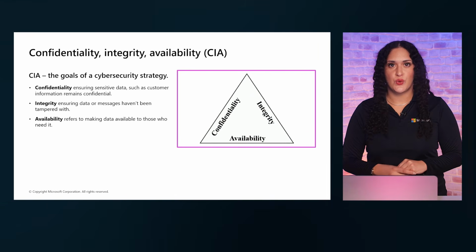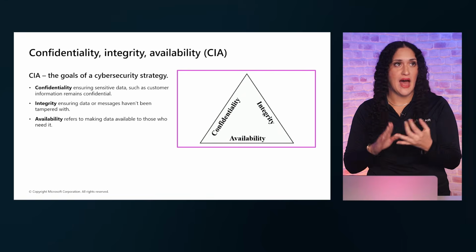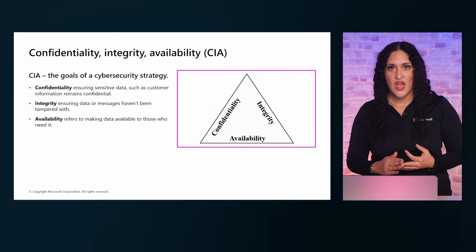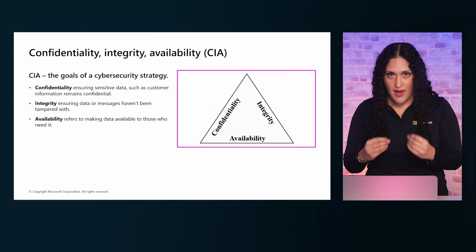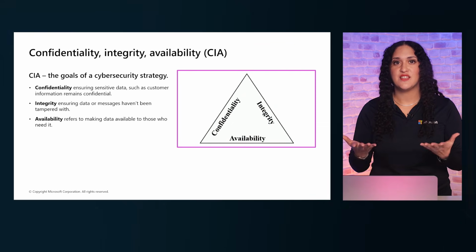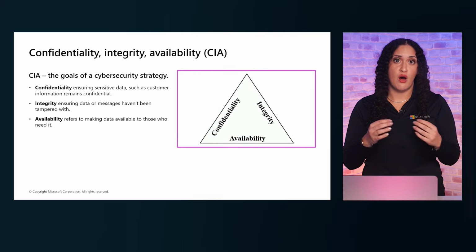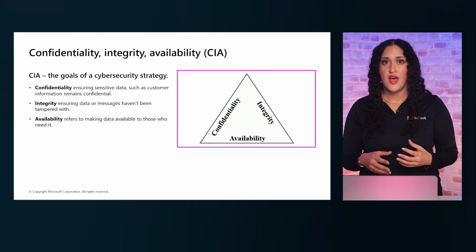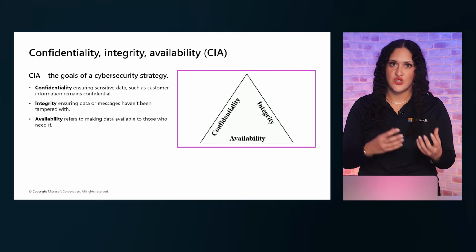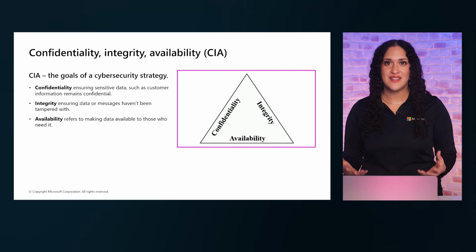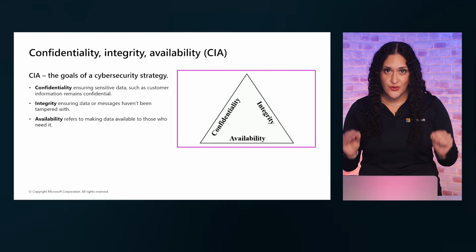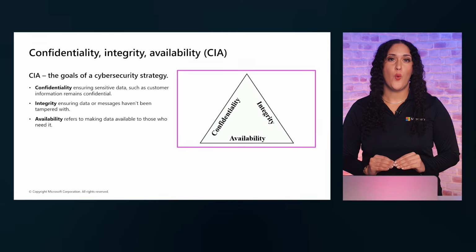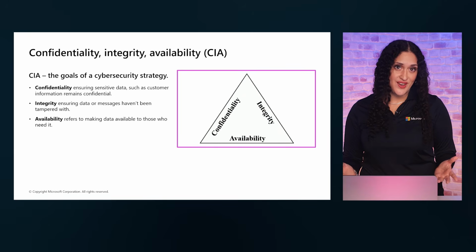Availability is addressed through redundancy, backups, and resilience planning, so systems stay online even during failures or attacks. The key benefit of the CIA model is balance. Focusing on only one goal isn't enough. Security works best when confidentiality, integrity, and availability are considered together, giving organizations a clear framework to manage risk, while still enabling the business to operate effectively.